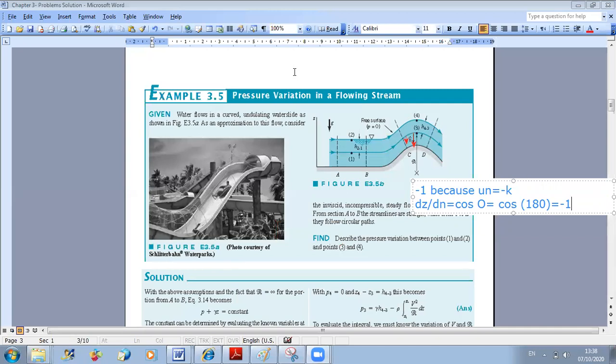Now, if you go back to the formula, we will apply it between points 3 and 4 because we want to compare pressures at points 3 and 4.